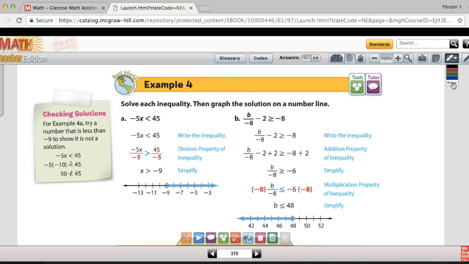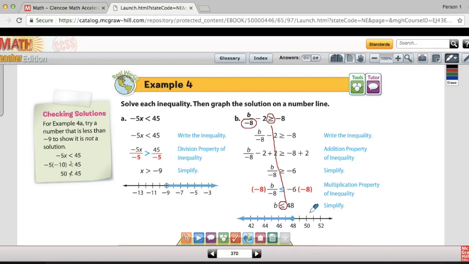So, key idea here, when you divide or multiply by a negative number with inequalities, that sign has to flip. So in this case right here, add 2, multiply by negative 8. Notice it flipped from greater than or equal to less than or equal to. And again, that's not just some made-up rule.